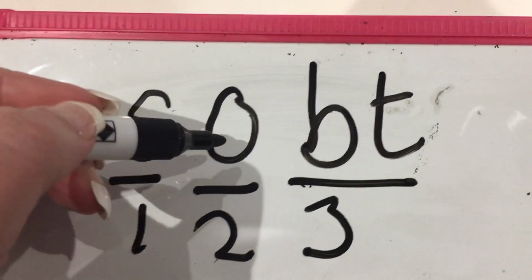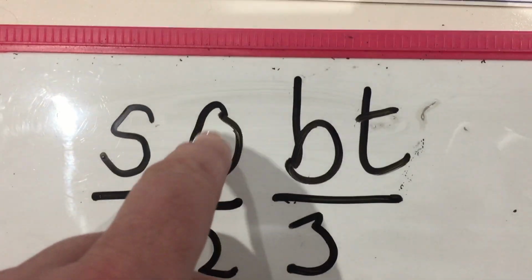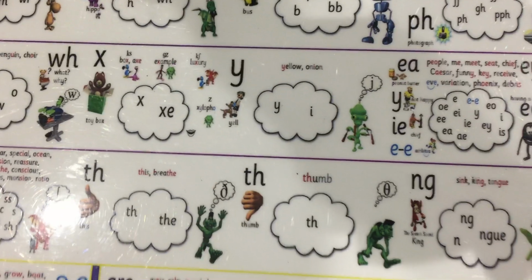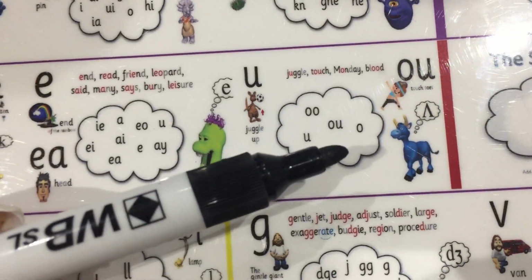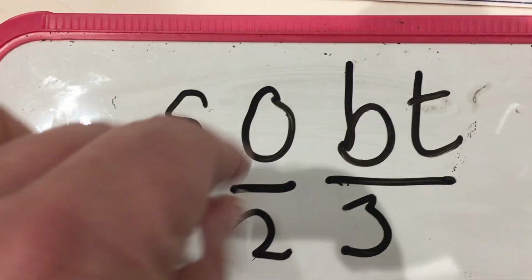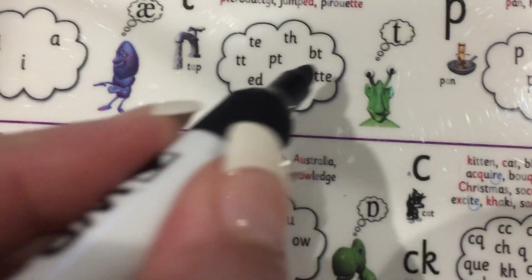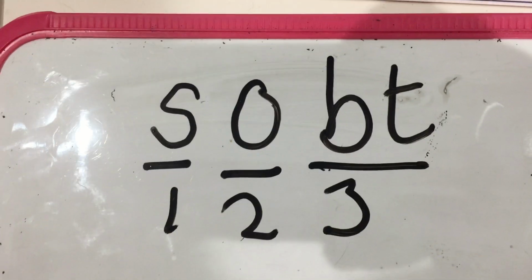Could it be that? And then the O, if it's shut, that's got to be an So they're exploring the clouds, which is again all working towards orthographic mapping. Could it be? Oh, yes, it could. So the O could be an like in the word Monday. Okay, so far so good. Shut. Could this be a representation for the T? Yes, and they go, I know what it is. It's shut.